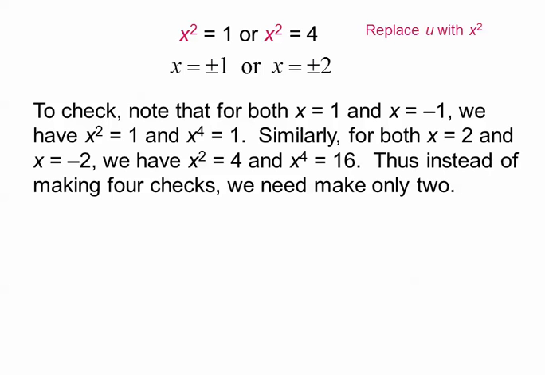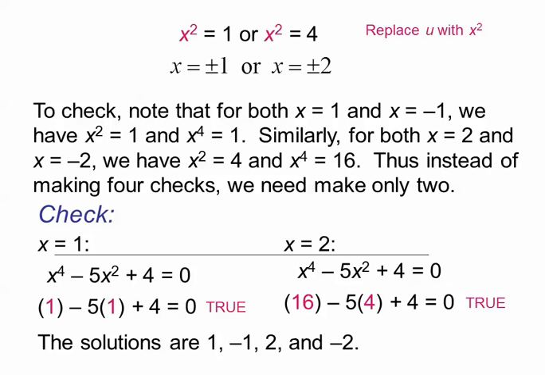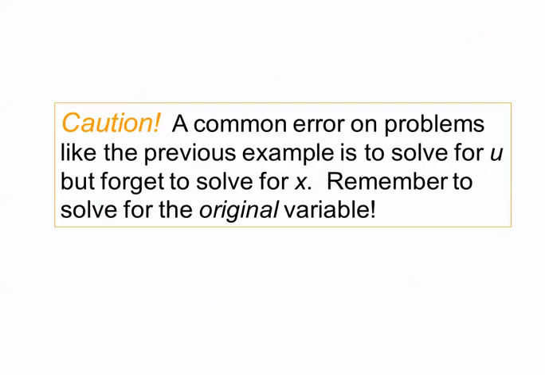And there are the checks that we put in, to see that they're both true statements. So there are indeed 4 solutions: 1, -1, 2, and -2. So again, be careful not to just solve for u and then forget to solve for x. Always look back and see what your original variable was.